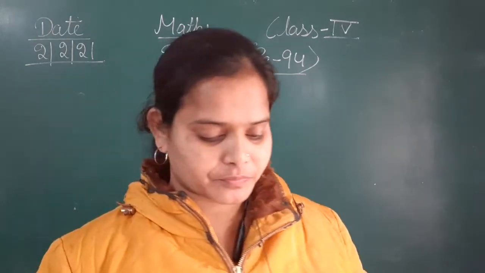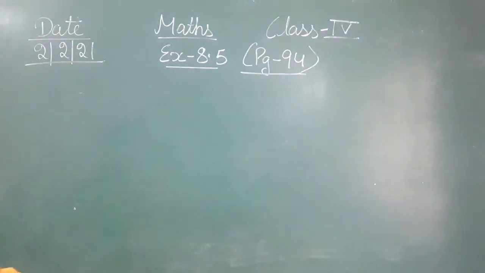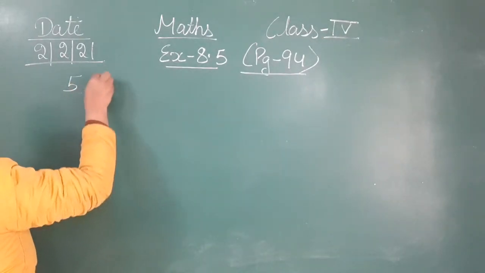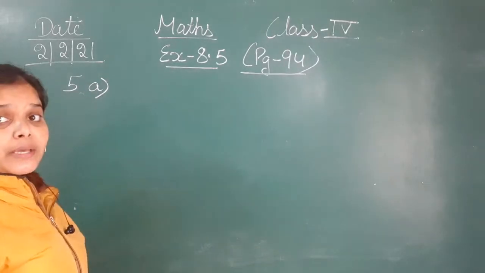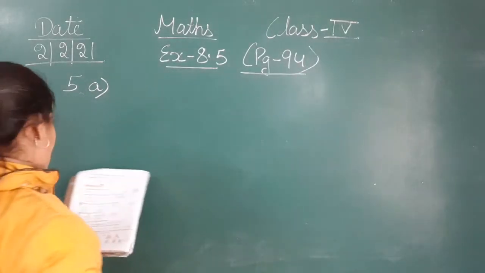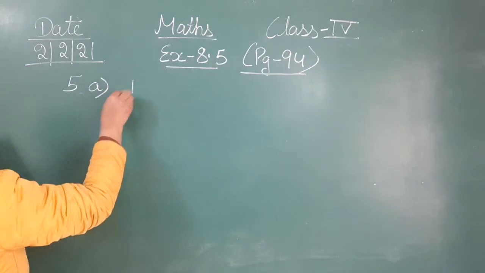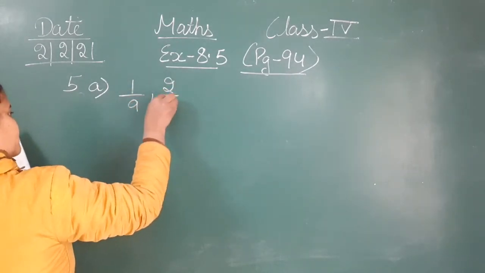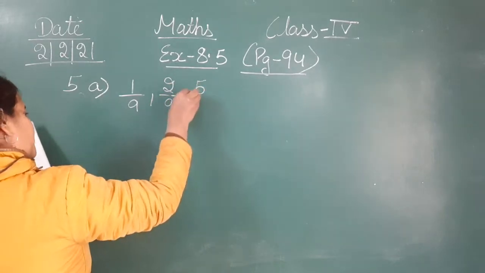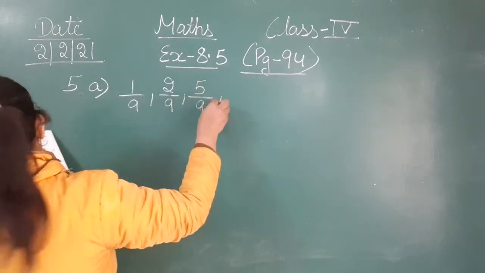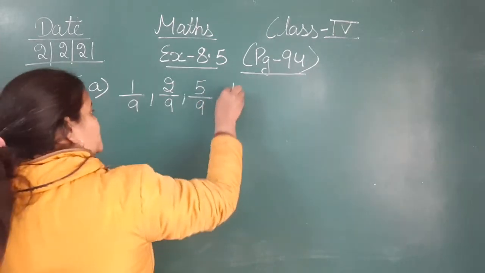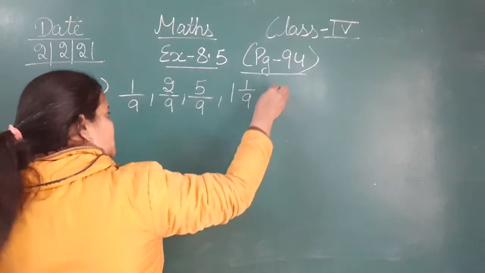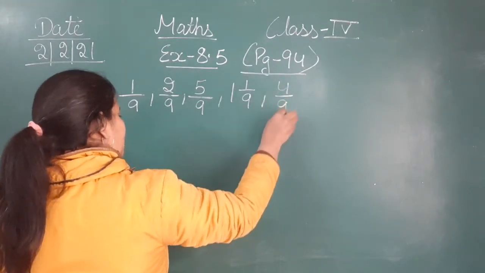Okay, चलिए starting with the A part of question number 5. Fifth sum का A part. So we have to arrange them in ascending order. The fractions in the A part are 1 upon 9, 2 upon 9, 5 upon 9, 1 1 upon 9, and next is 4 upon 9.